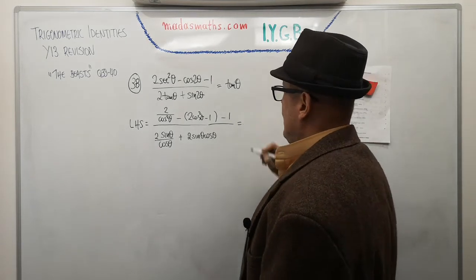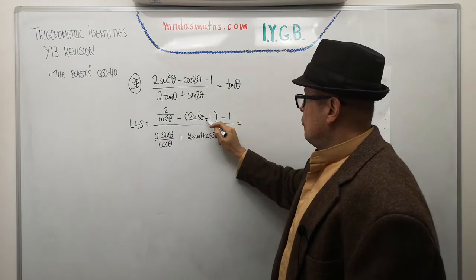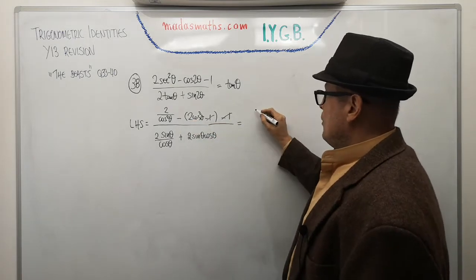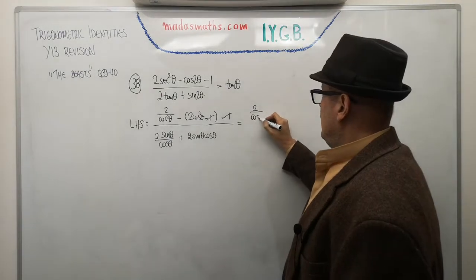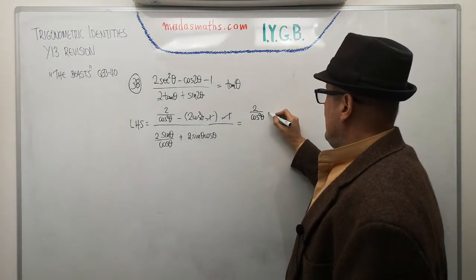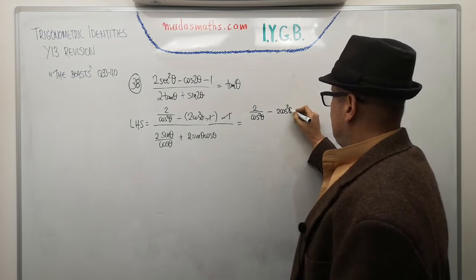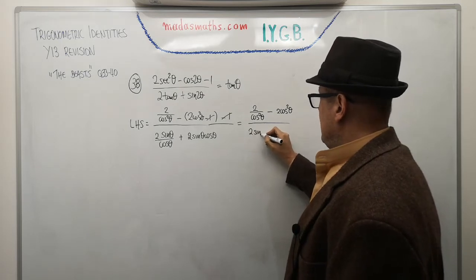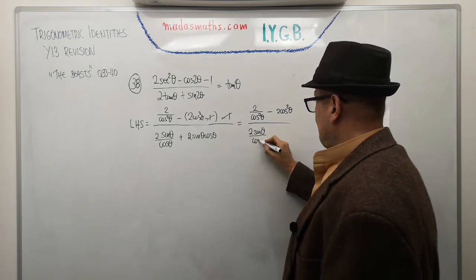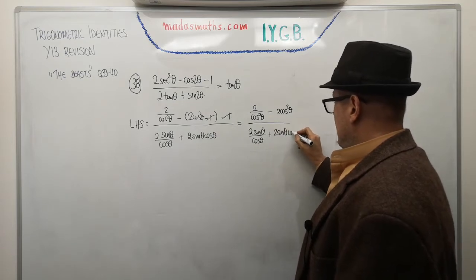Okay, what happens next? A bit of a tidy. First of all, plus 1 minus 1 cancel. So I'm going to end up with 2 over cos squared theta minus 2 cos squared theta, over 2 sine theta over cos theta plus 2 sine theta cos theta.